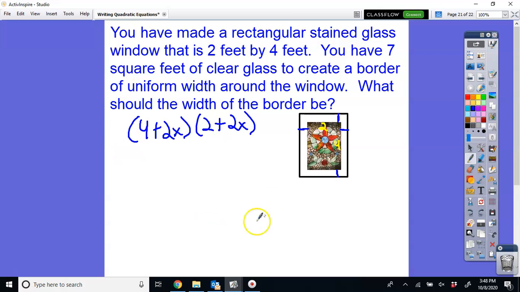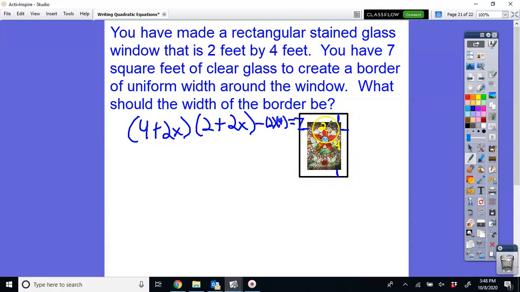Now this one has a little bit more tricky stuff here, because you are going to have to realize that if I have 7 square feet of clear glass to create a border, that means for this whole rectangle, I have to subtract out the area of the middle, the 2 times 4, and that's going to be equal to 7 once I get done, because I only have 7 square feet of clear glass.